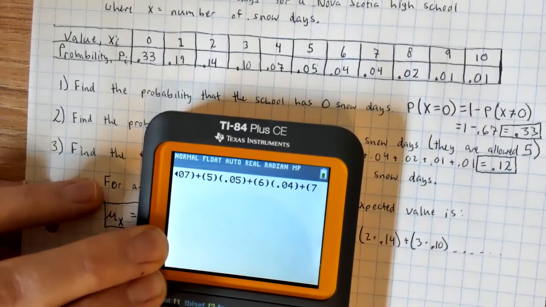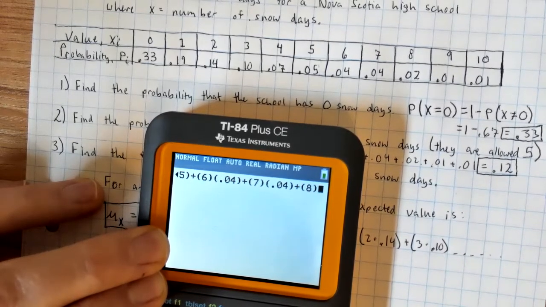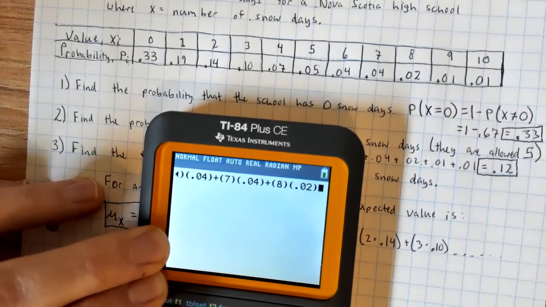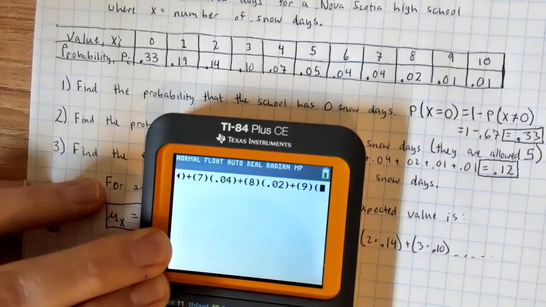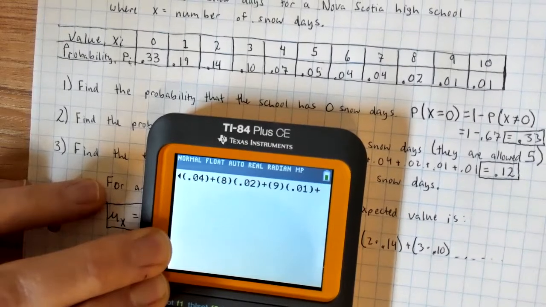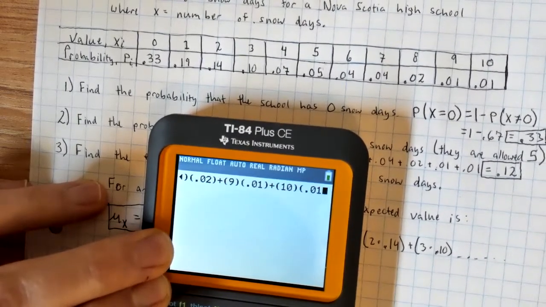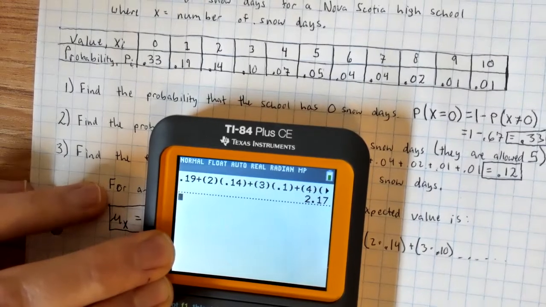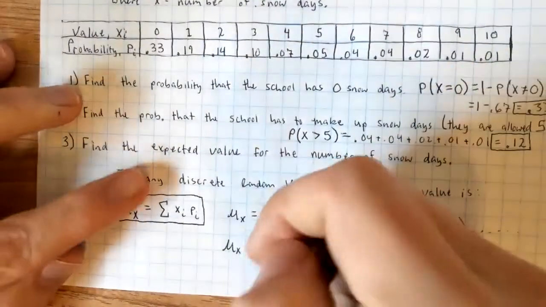All right, almost done now. Plus 7 times 0.04 again, plus 8 times 0.02, 9 times 0.01, and finally 10 times 0.01. Okay, and there is our expected number of snow days, 2.17.